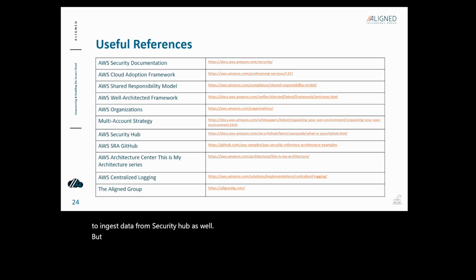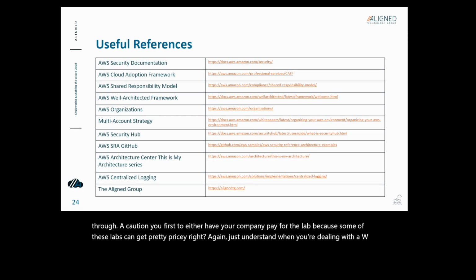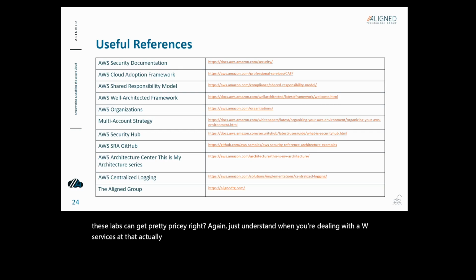The AWS centralized logging document is really interesting, and it has a lab that you can go through. I caution you first to either have your company pay for the lab, because some of these labs can get pretty pricey, right? Just understand that when you're dealing with AWS services, it actually costs, and understand the cost driver.